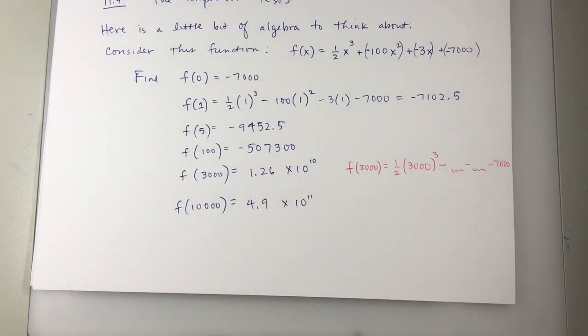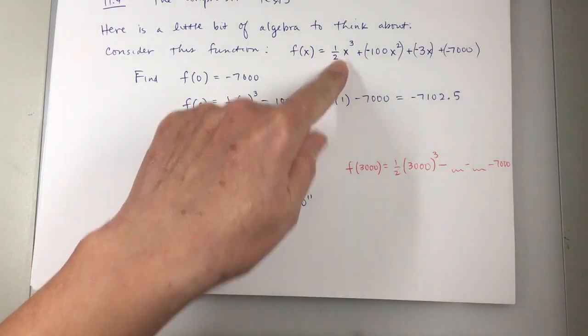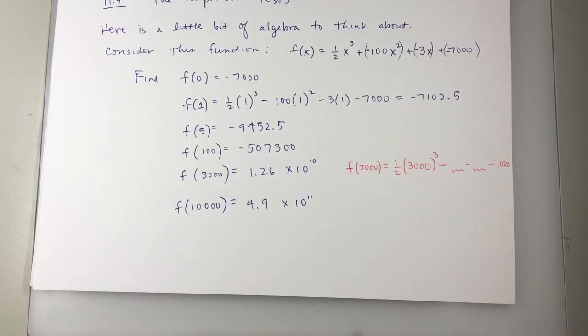And the point being is this: at some point with this problem, the term with the highest power takes control. Since I have 1/2 x to the 3rd power, that term, I call it the boss term.